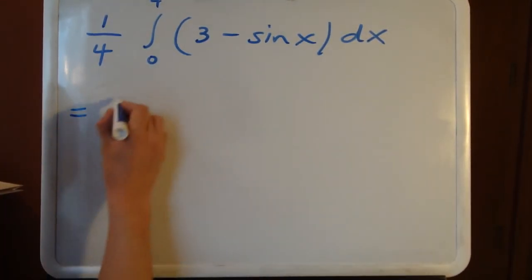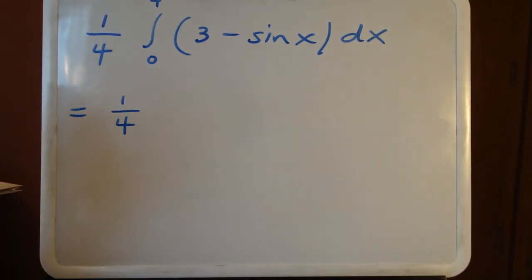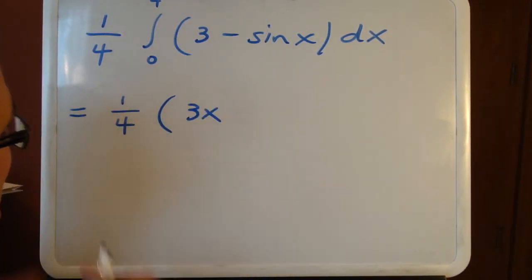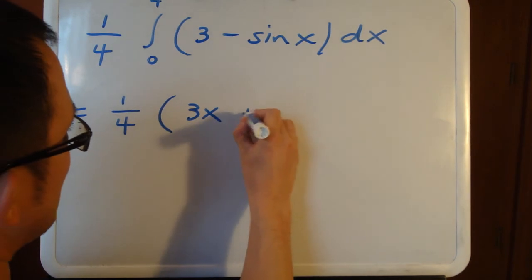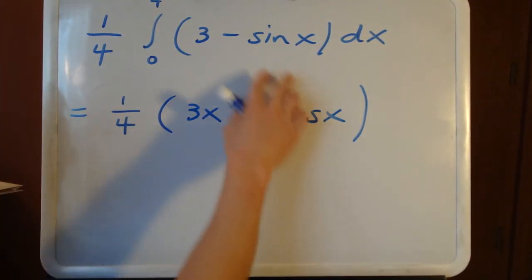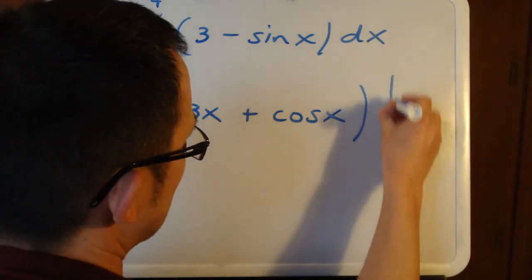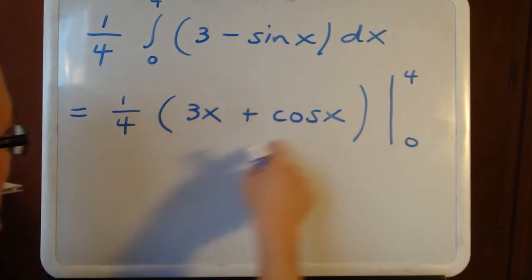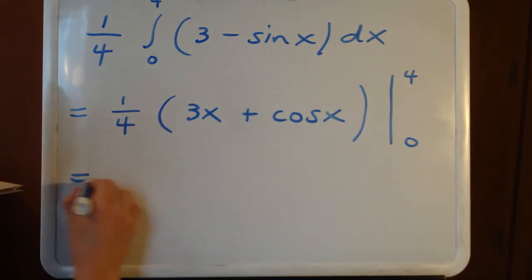So the 1/4 is going to carry down into the problem. The antiderivative here would be 3x, and the opposite sign would come from positive cosine. We always think of this: the derivative of cosine would be the opposite sign. Then we are using the fundamental theorem of calculus, right? So you can put in 4 and 0 and then just calculate this.